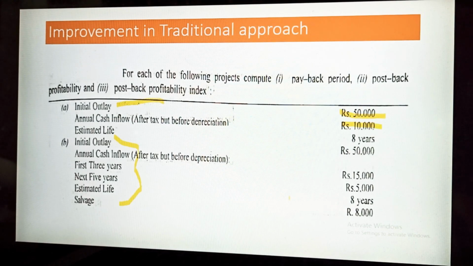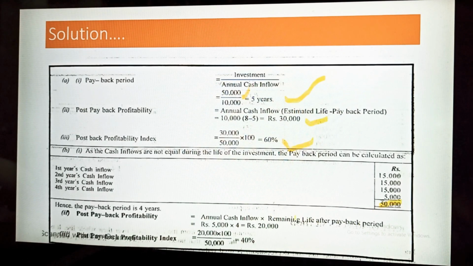It is given that the estimated life is 8 years, and the payback period which we have calculated is 4 years in this case; earlier it was 5 years. So here we subtract 8 years minus 4 years, which becomes 4 years.